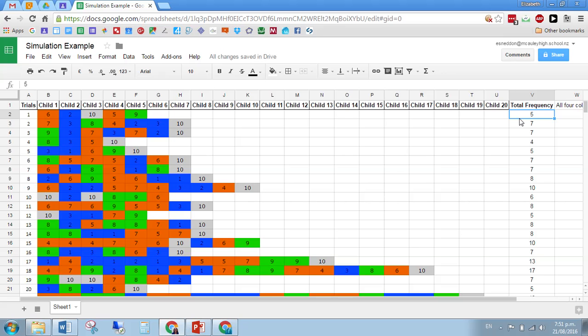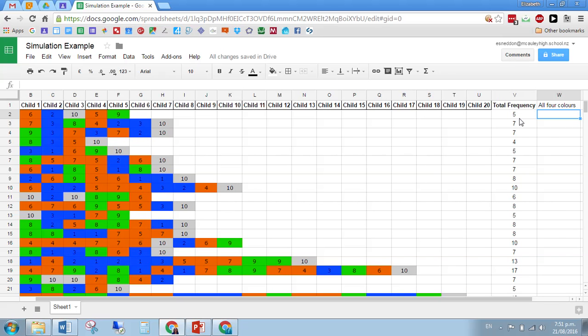So they've got a frequency of 5, which means they have got all 4 colours if they just had 10, because they would get all 4 eye colours when they got up to the 5th child. So this is going to be a yes.